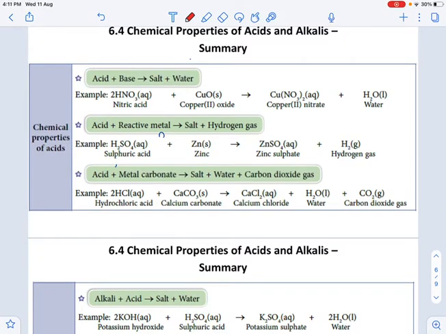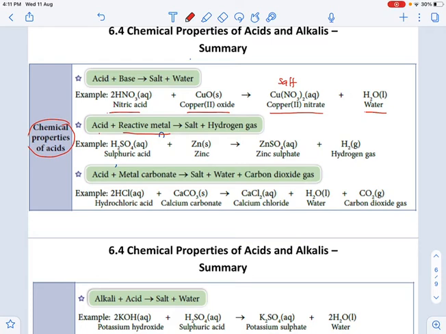First, for the chemical properties of acid: acid reacts with base to form salt and water. The example given is nitric acid reacting with copper(II) oxide to form copper(II) nitrate and water. Copper(II) nitrate is a salt. Second, acid reacts with a reactive metal to form salt and hydrogen gas.